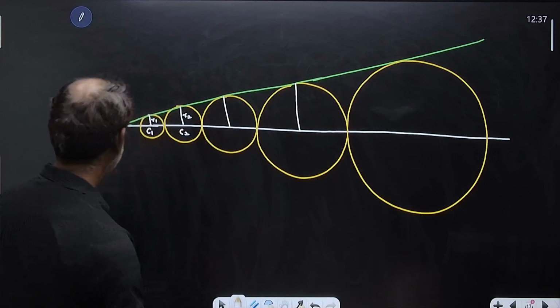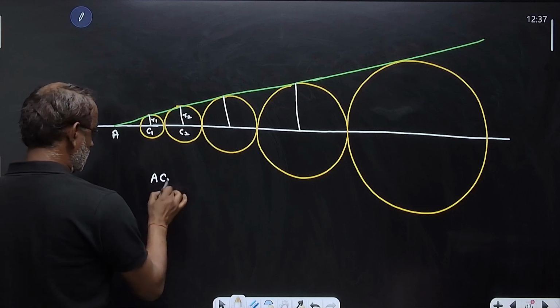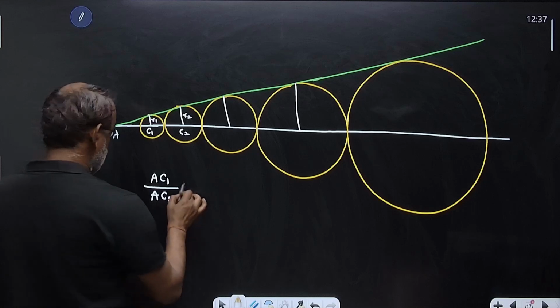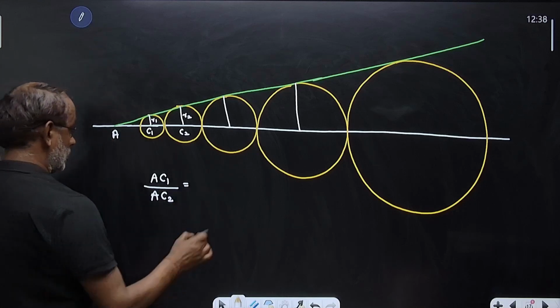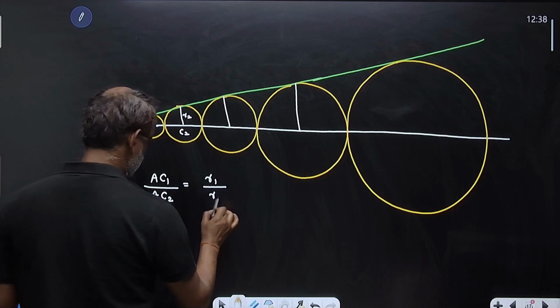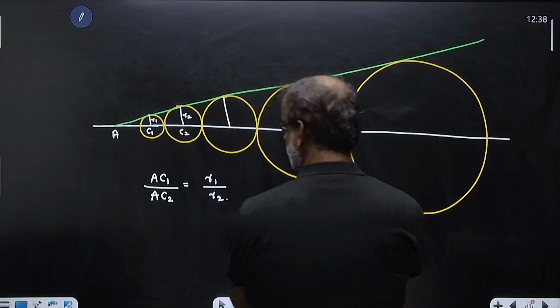So, we can say AC1 upon AC2 is R1 upon R2, isn't it? Now, this angle.